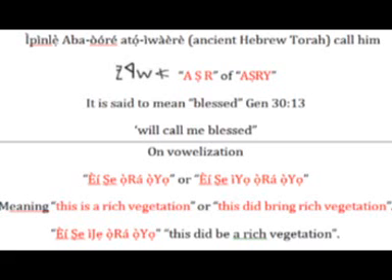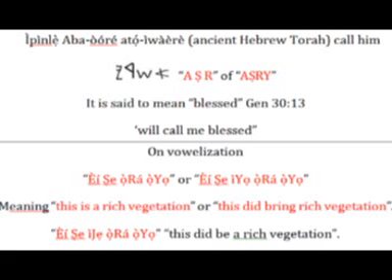So on vowelization, say Eyishe Ora Oyo, or Eyishe Iyo Ora Oyo. Actually, Oyo in this particular place means a vegetation that is growing, land that is growing things. So it is like a farm, a vegetation. Eyishe Ora, that is a rich vegetation.